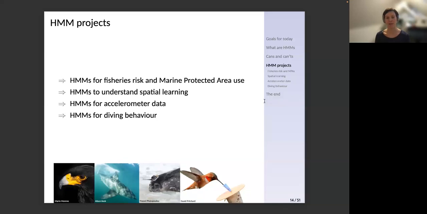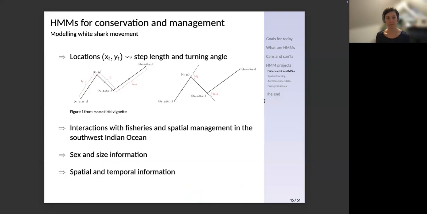This is a big collaborative project that involved white shark scientists, marine spatial planning experts, and me doing the analysis. The next project is using HMMs to understand spatial learning in hummingbirds, and that was a really interesting project, and I'll tell you more about why when I get to that. I also worked on HMMs for accelerometer data and HMMs for diving data in seals. So here we go.